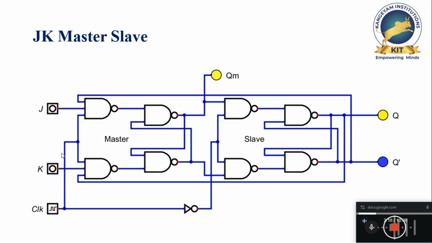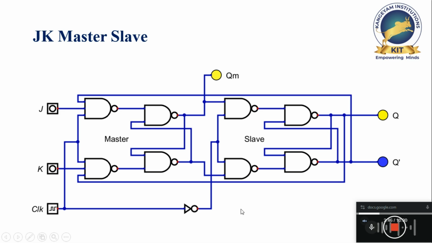One clock pulse is given to the first flip flop, and the other goes through an inverter and is then given to the next flip flop. So if this clock pulse is 1, this becomes 0. When this is 1, this flip flop will be active and this flip flop will be inactive.